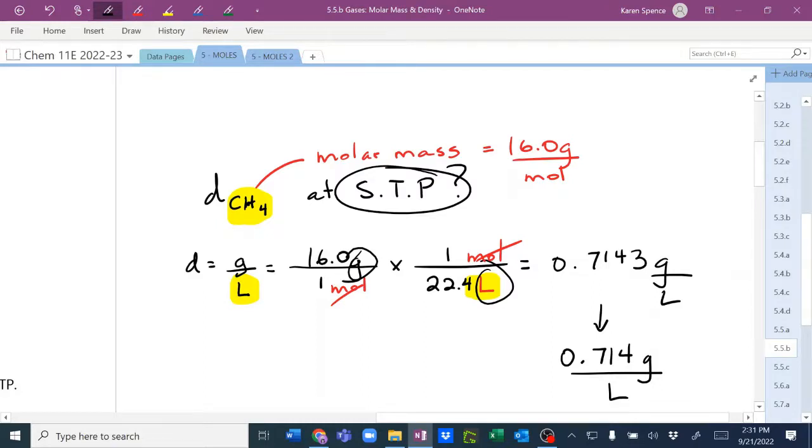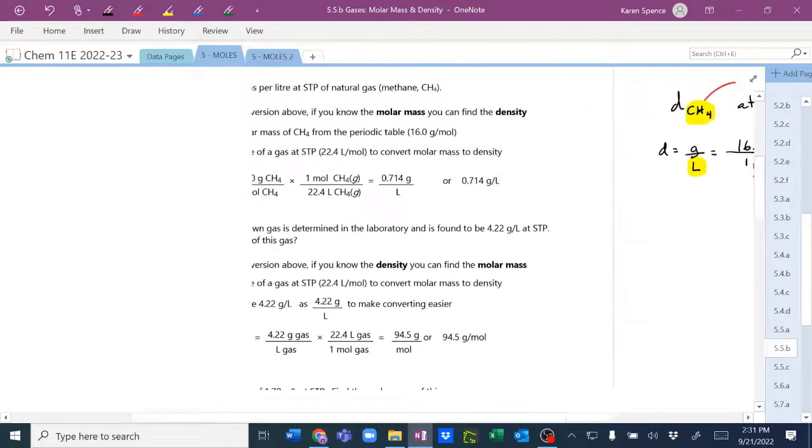Is that good? So the trick here is remembering, if I know the molar mass of a gas, I can find the density of a gas. If I know the density of a gas, I can find the molar mass, and you can use 22.4 liters. Will this work for liquids and solids? No, because they don't have a consistent molar volume, okay? All right, what's our next example?